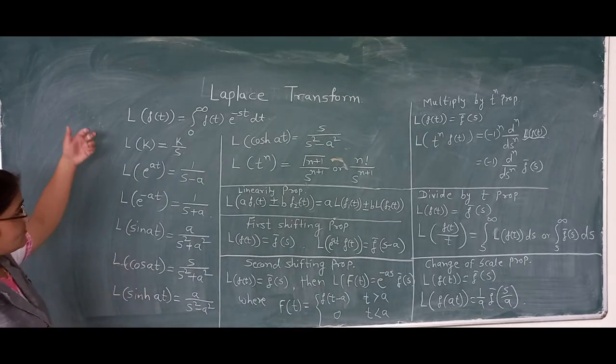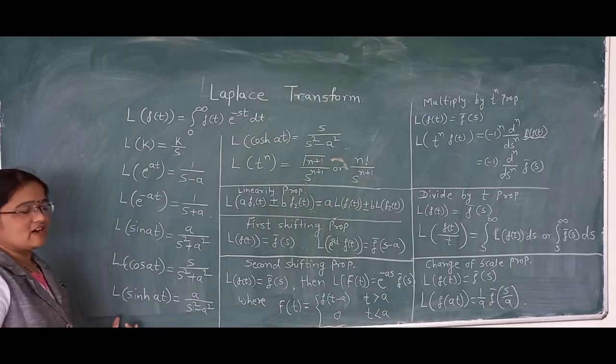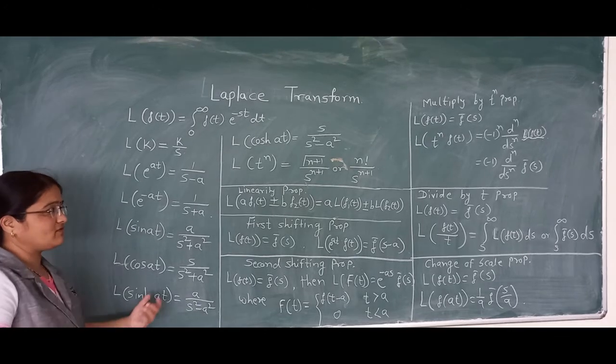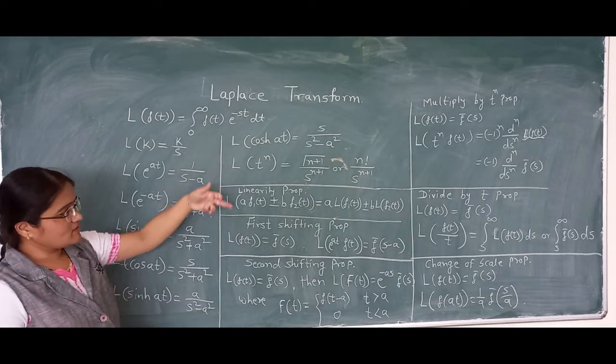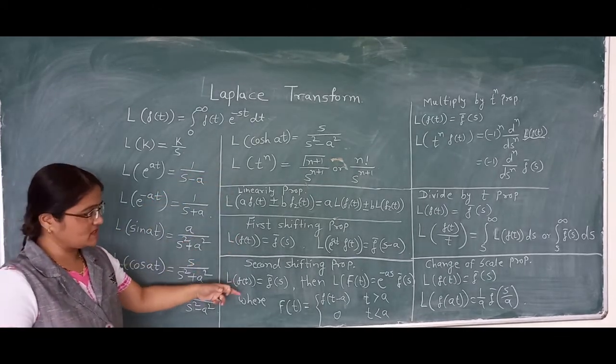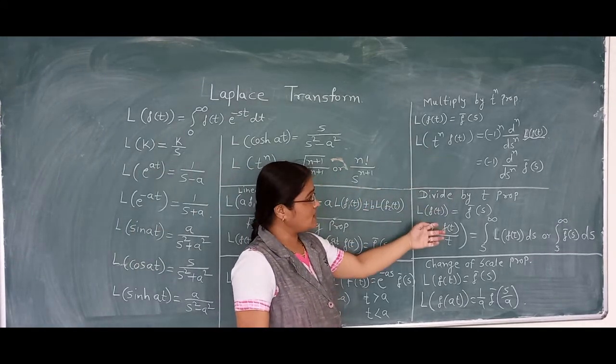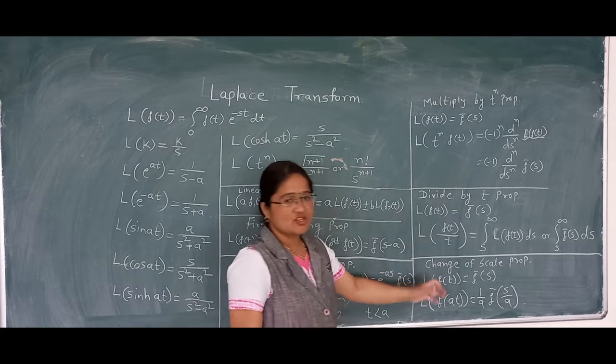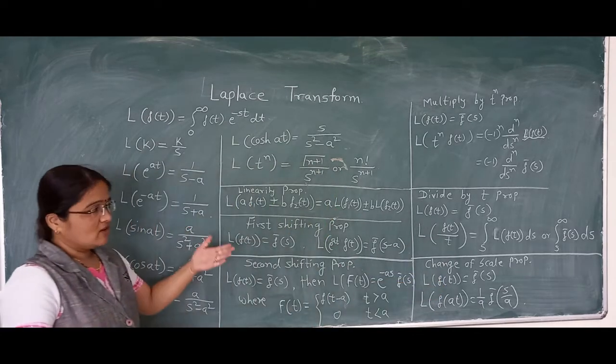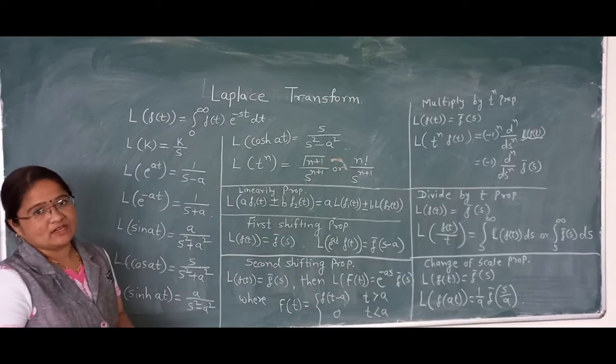So, depending upon the examples on elementary functions, linearity property, first shifting property, second shifting property, multiply by t raised to n, divide by t raised to n, and change of scale property, we covered up to this point.